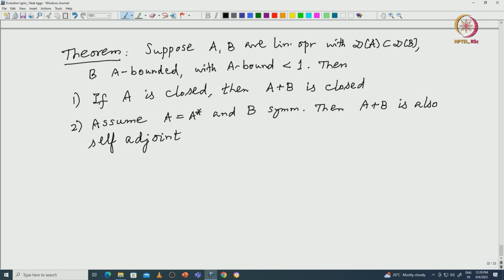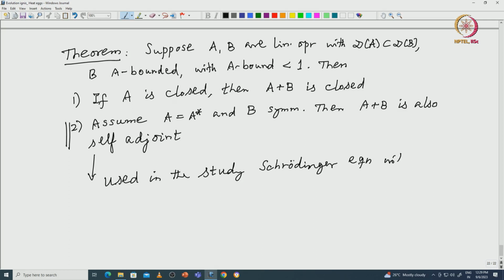Okay. So, especially the second part is used in the study of the Schrodinger operator. This is the main ingredient there, the Schrodinger equation with a potential.